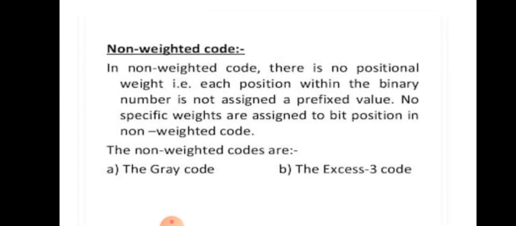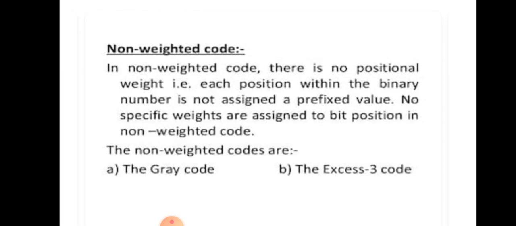So moving ahead with non-weighted code. In a non-weighted code, there is no positional weight, that is, each position within the binary number is not assigned a prefixed value. No specific weights are assigned to bit positions in non-weighted codes.